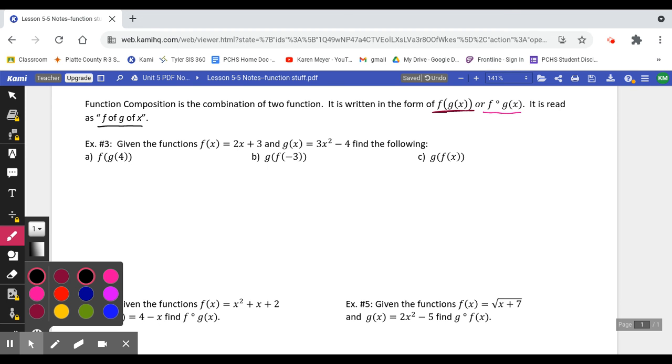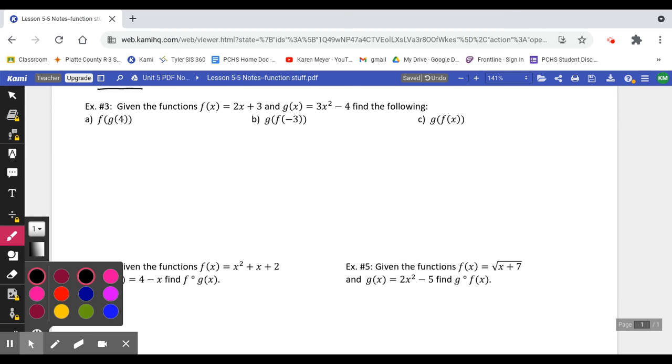On example number 3, we're going to start the first couple with numbers, and then we'll switch to leaving x as x. On the first one, we have f of g of 4. What you want to do is start with the inside function, so my inside function is g of 4. Let's take 4 and plug it into the g function, 3x squared minus 4.